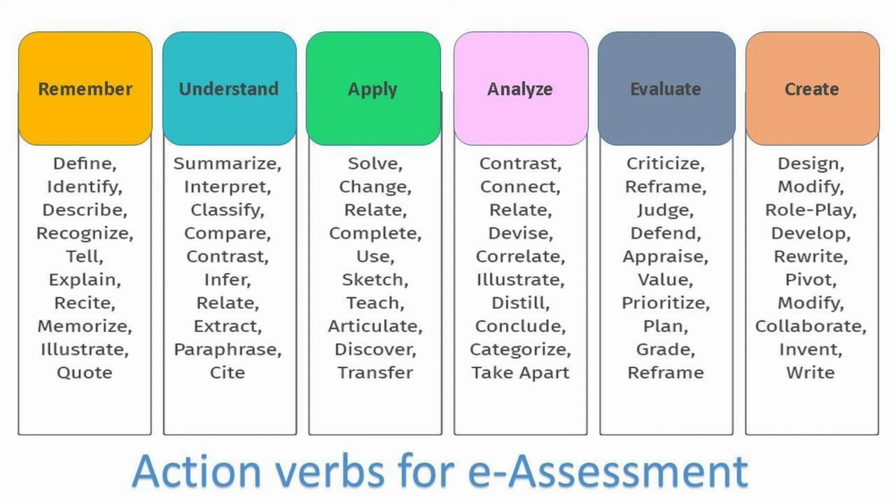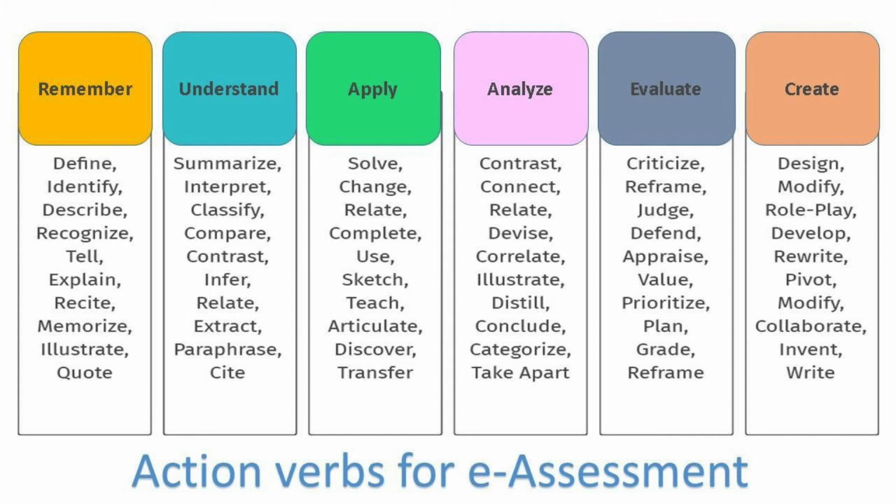Under the skill understand, there are action verbs like summarize, interpret, classify, compare, contrast, infer, relate, extract, paraphrase, and cite. Under the skill apply, there are action verbs such as solve, change, relate, complete, use, sketch, teach, articulate, discover, and transfer.